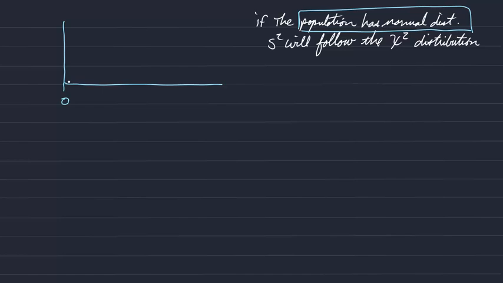Let's keep that in the back of our minds when we apply this. And a chi-squared distribution looks like this. I'm just sketching this out, and I'd like you to sketch this in your notes as well. The vertical axis is, again, the probability density, and the horizontal axis is S squared.